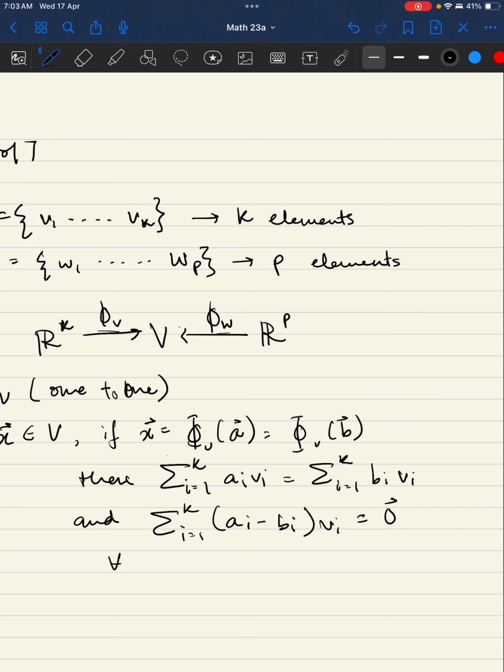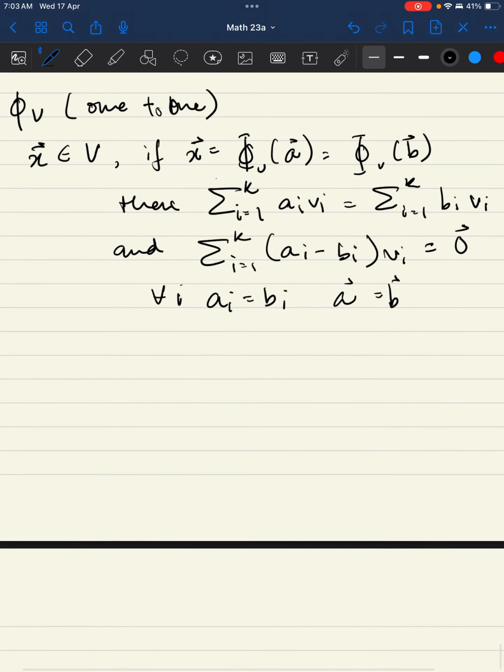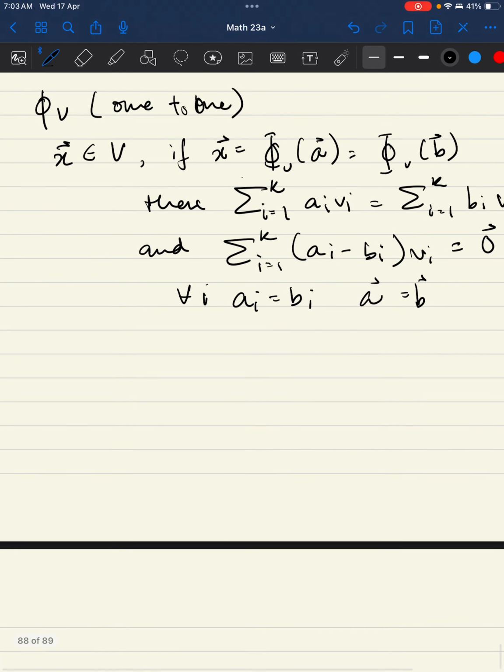So for all i, a_i is equal to b_i. This is essentially the proof that we did in 23A at some point, so I'm just regurgitating that logic back here.